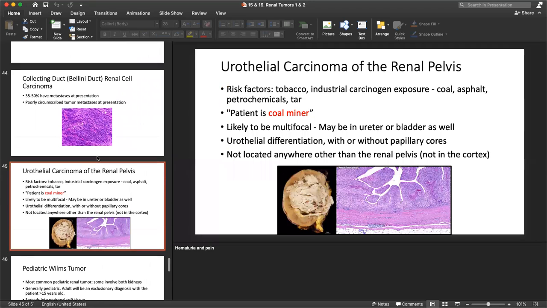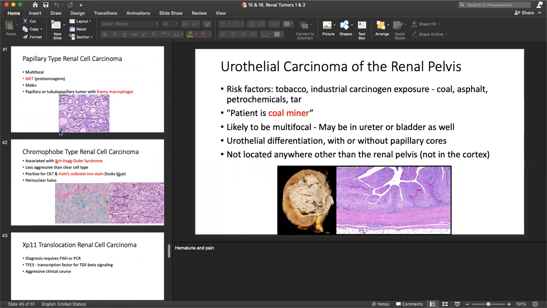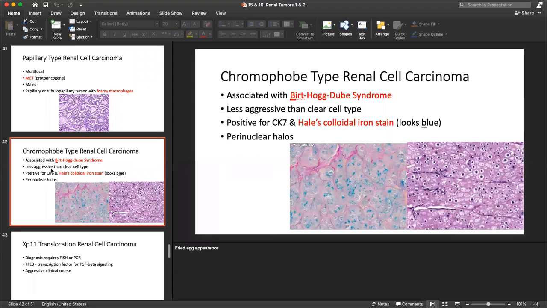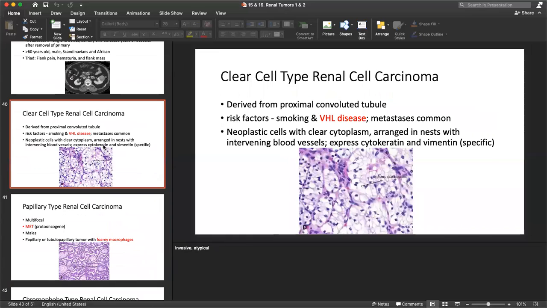Coal miner, only in the renal pelvis. Chromophobe type is going to be blue, associated with Birt-Hogg-Dubé syndrome. Blue Birt. Clear cell, associated with smoking and VHL disease, looks clear.